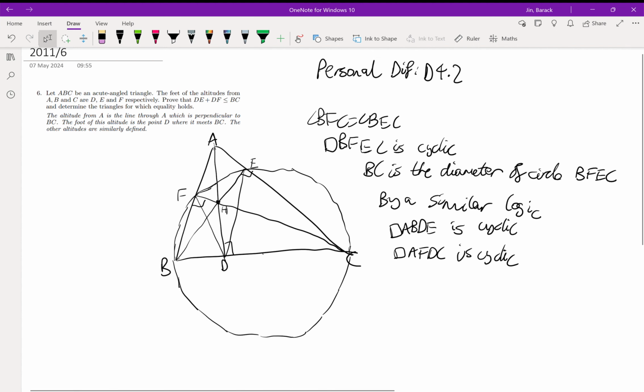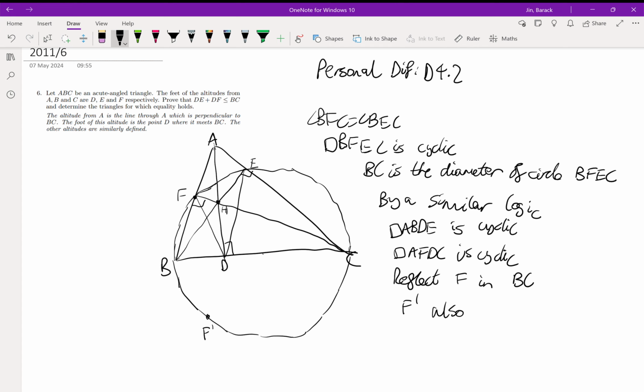Now, here's the key step. Reflect F in BC. So, take the point F and reflect it in the line BC. Now, since BC is the diameter, F dash also lies on the circle.